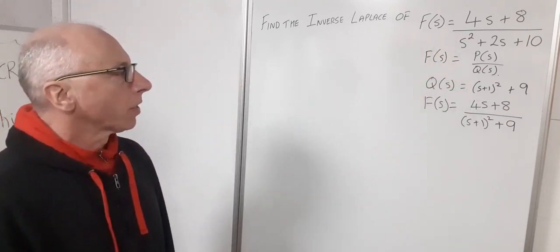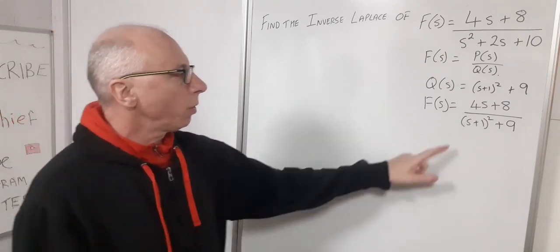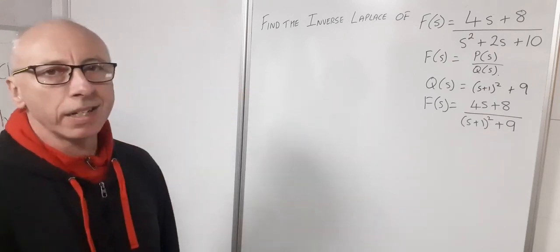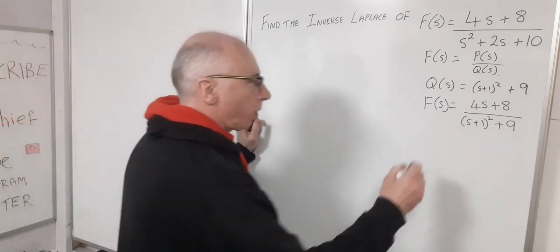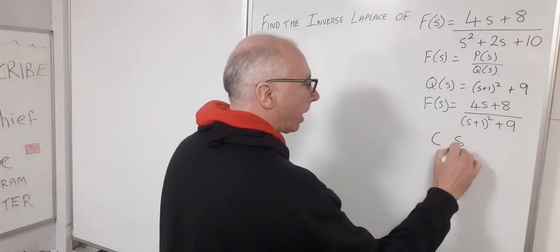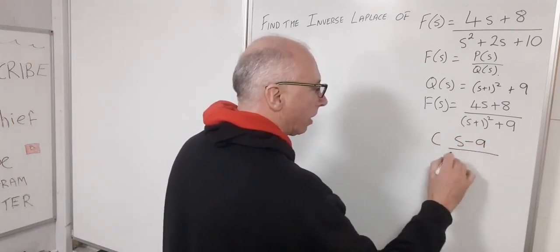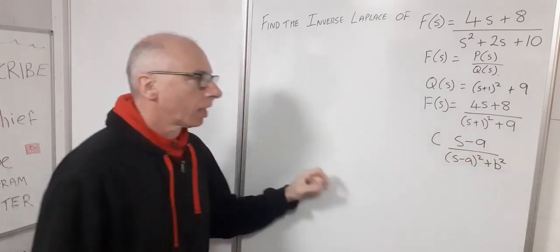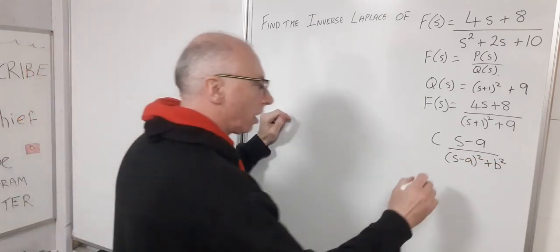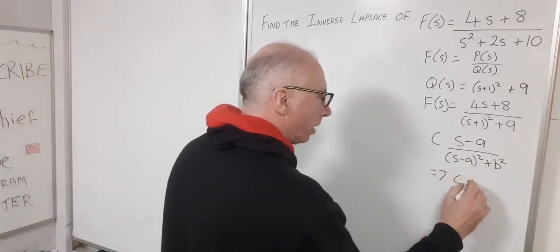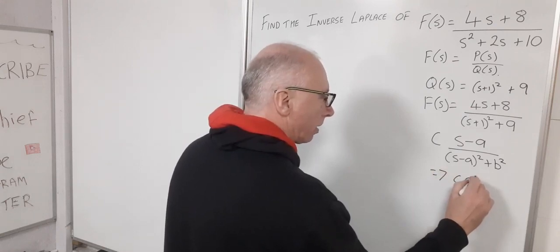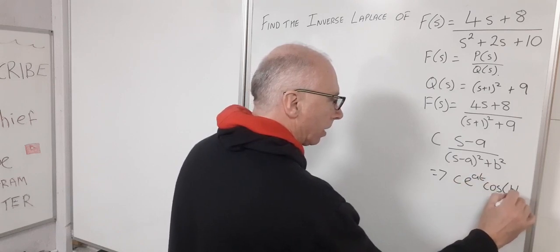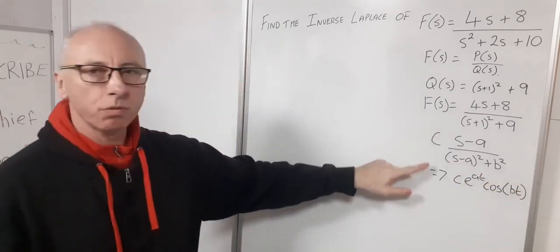So that's good. Now, one way we can go when we've got a square in our denominator is to use a general result. If we have c times s minus a, divided by s minus a squared plus b squared, this will give us c times e to the at, and cosine of bt. That's a general result.